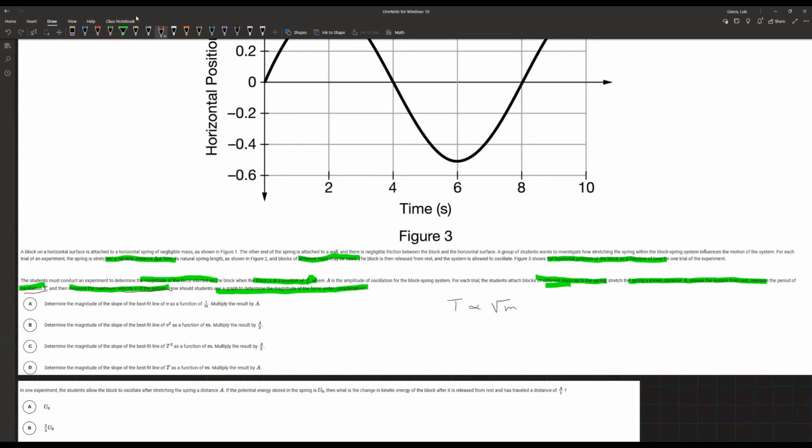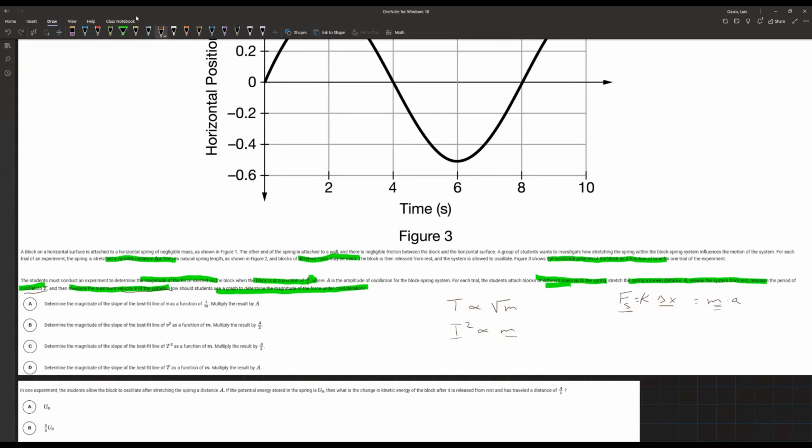So what we can go ahead and do is if we square this, T squared is going to give us m. Now the force in the spring is given by k times delta x. And they just really want the force. So the force in the spring here is going to be equal to m times a.